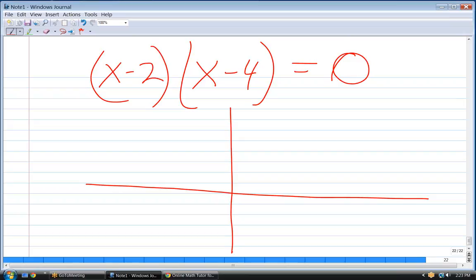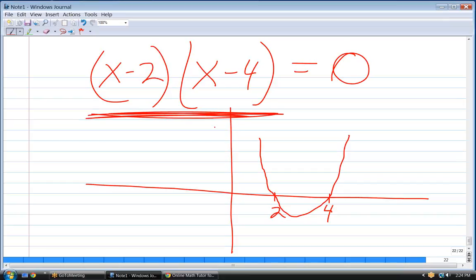What are my 2 points? It's +2 and +4. Remember, we're going to set each of these equal to 0. So x equal 2 is a solution. So my parabola looks like this. So if you give me a quadratic that's already been factored, I can figure out where it crosses the x-axis instantly.